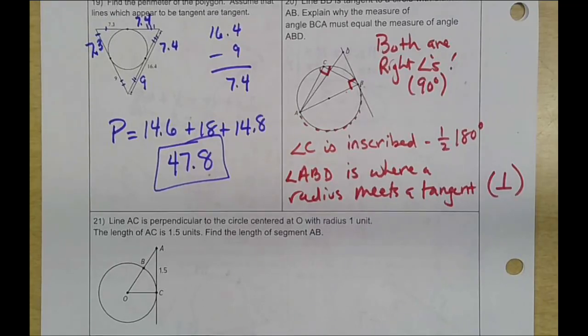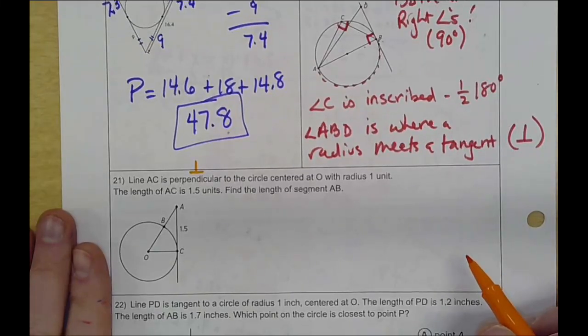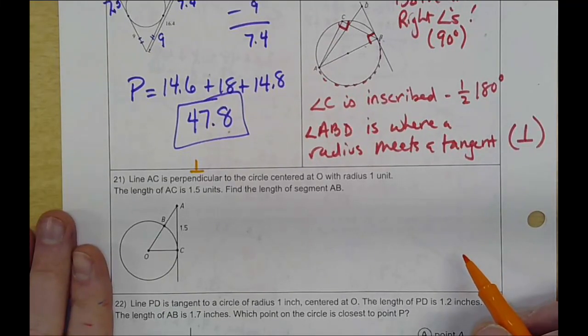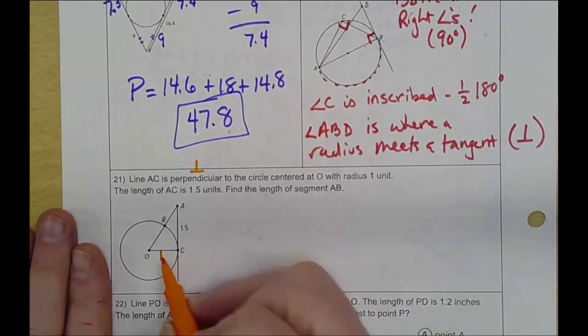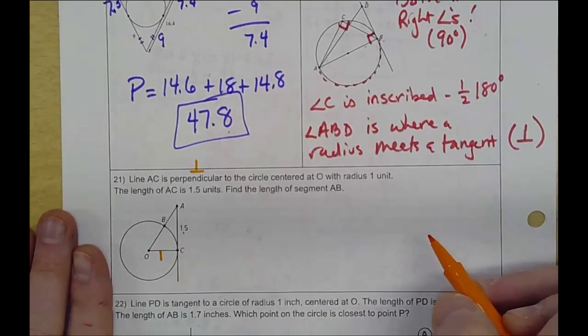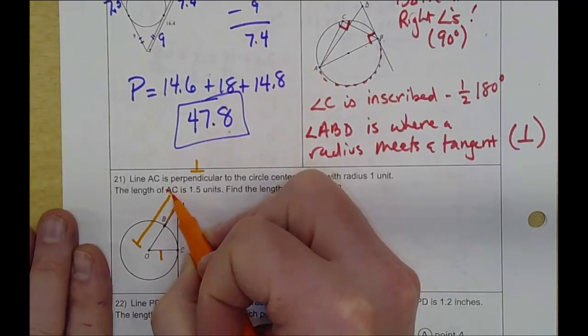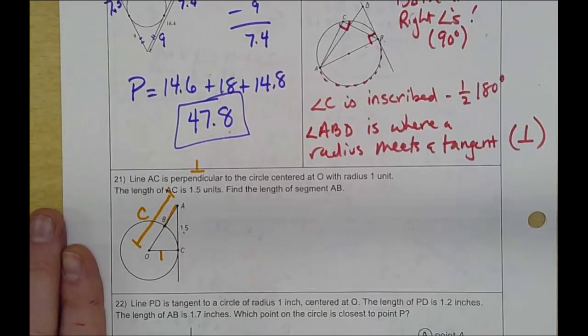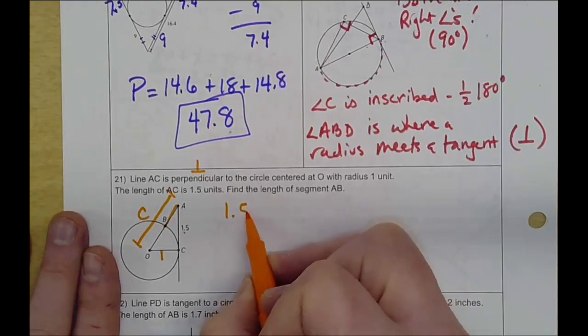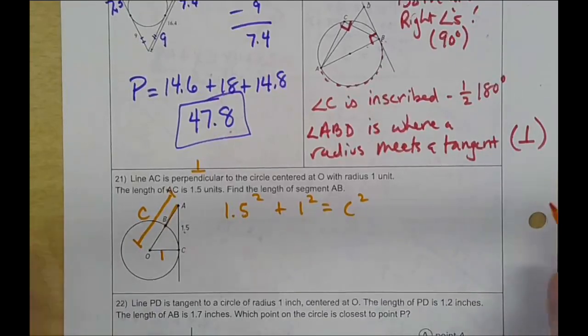Number 21. Line AC is perpendicular, so that means it's going to be a right angle, to the circle centered at O, radius 1 unit, so this is 1. The length of AC is 1.5. How long is AB? Well, what we're going to do is find the whole hypotenuse. I'll call that C for the Pythagorean theorem. So it's 1.5 squared plus 1 squared equals C squared.